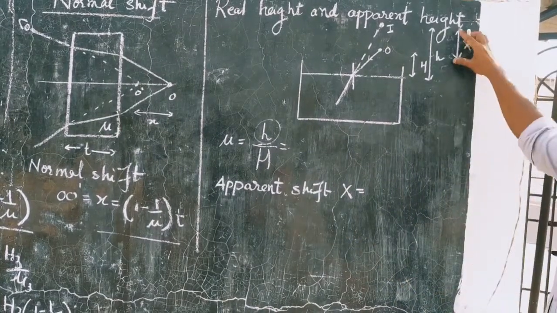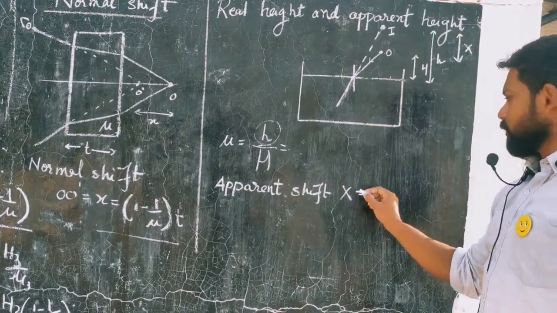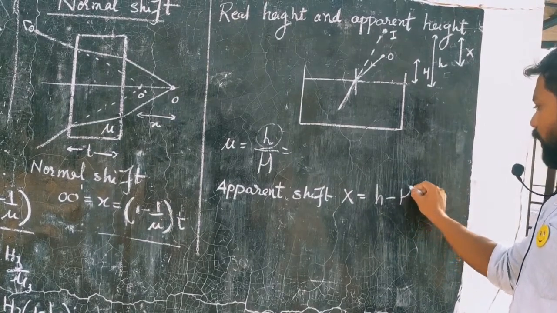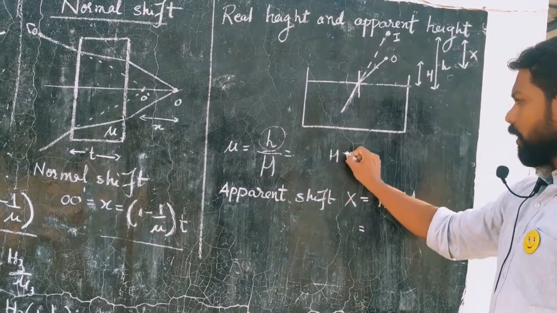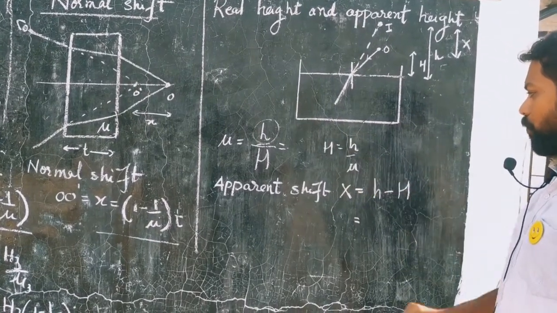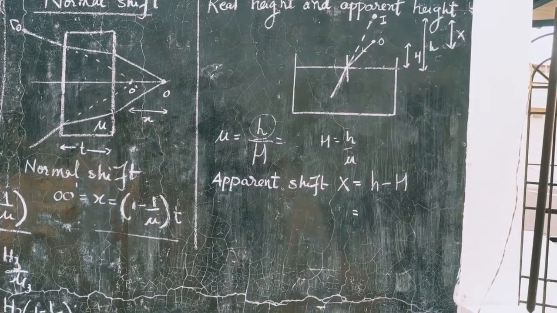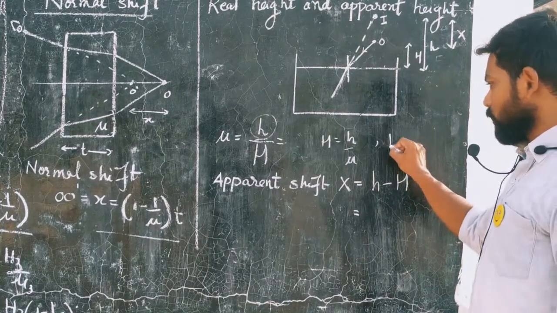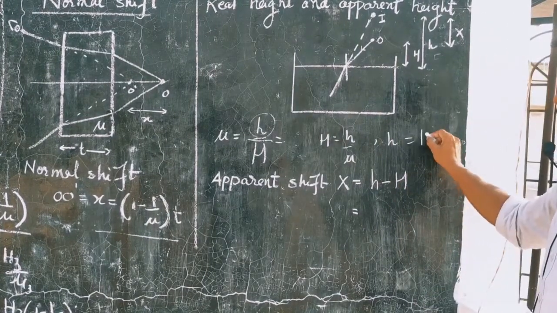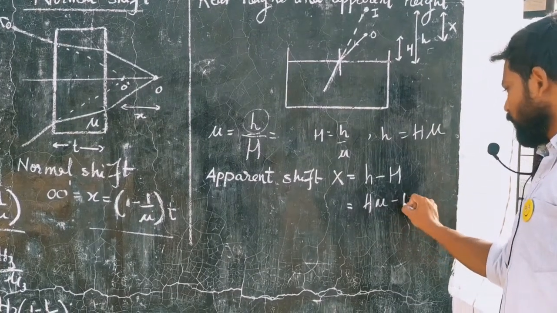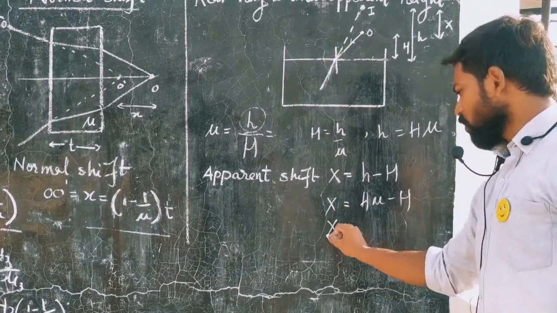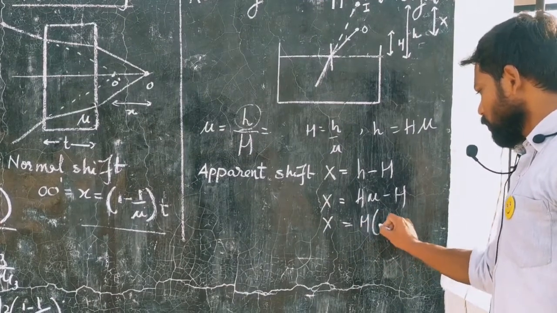How much it shifted? x is equal to small h minus capital H. From here I can write capital H is equal to h by mu, right? Or the other way of writing this, small h can be written as H mu. So I'll write here H mu minus H. So I got a relation here, x = H(mu - 1).